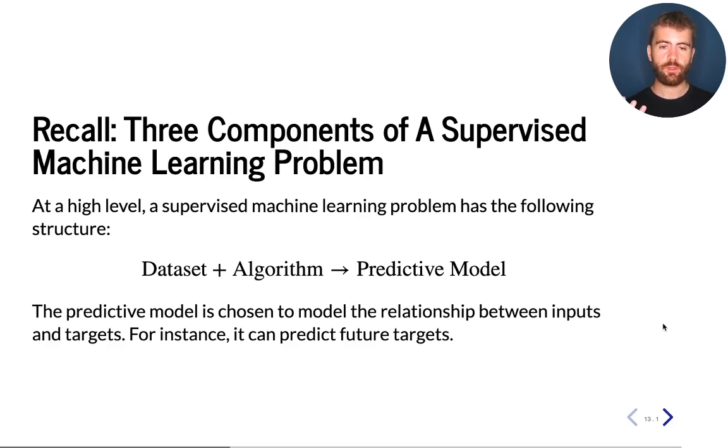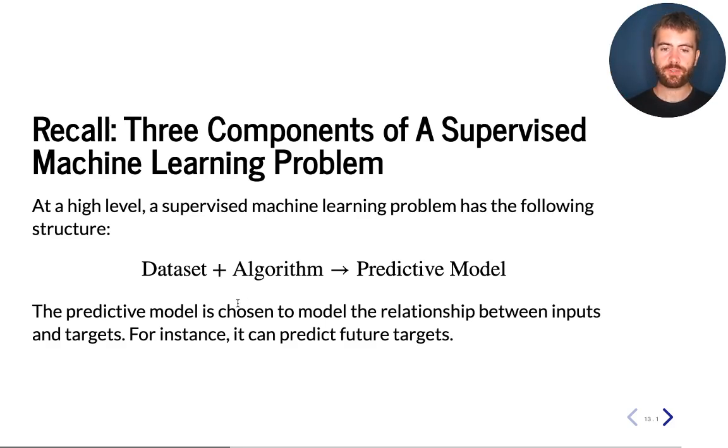And when the computer executes the learning algorithm on the data set, it learns the structure of the data and outputs a predictive model which can be used for useful tasks, and in particular for predicting future instances of the data that we see.